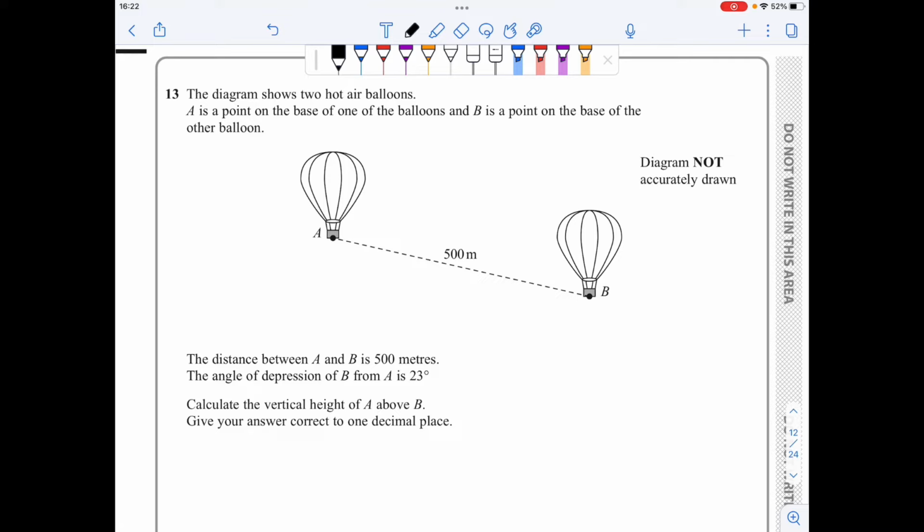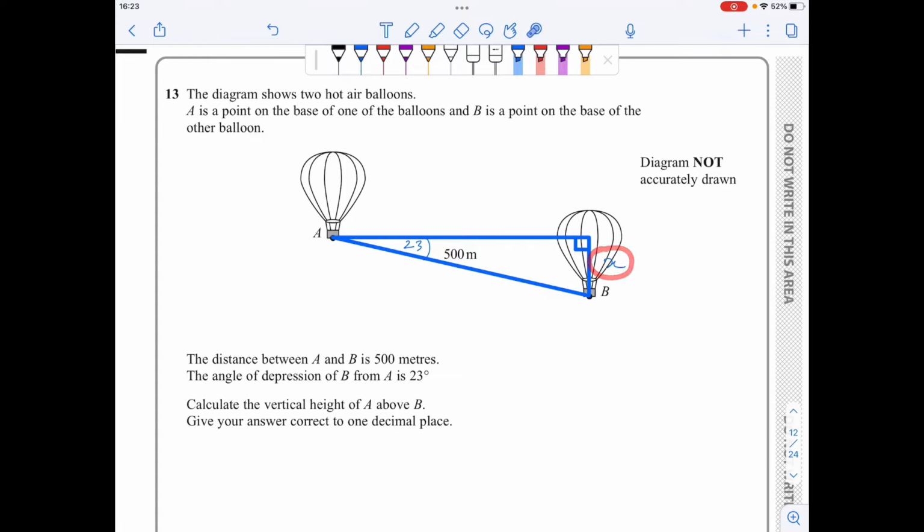In question 13, I will work with the following right angle triangle. Now the angle of depression is 23, so this angle here is 23. The hypotenuse is 500, and I want to find the height of this triangle.